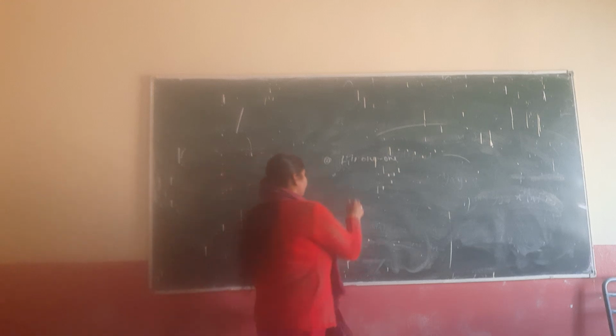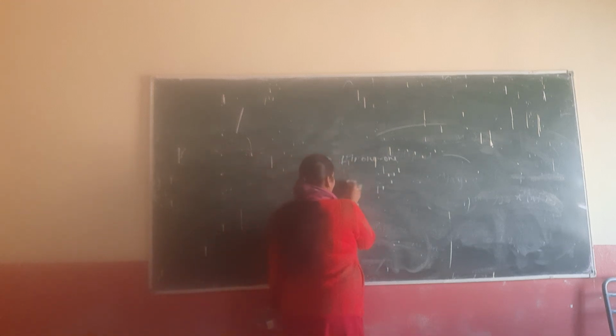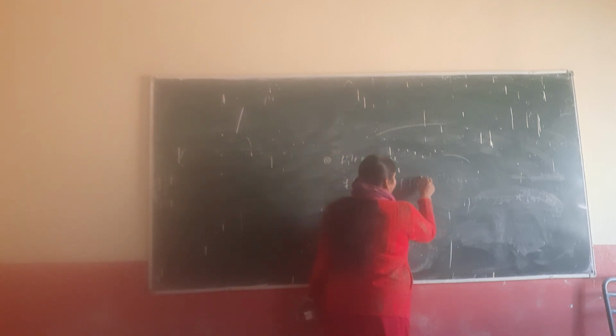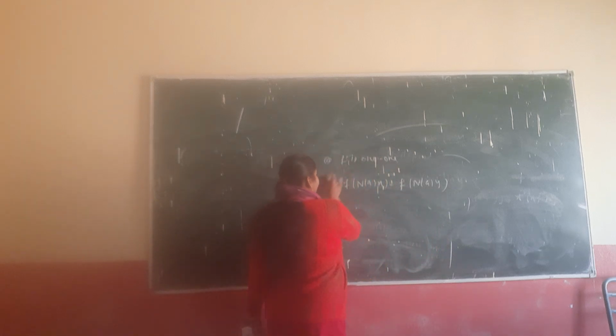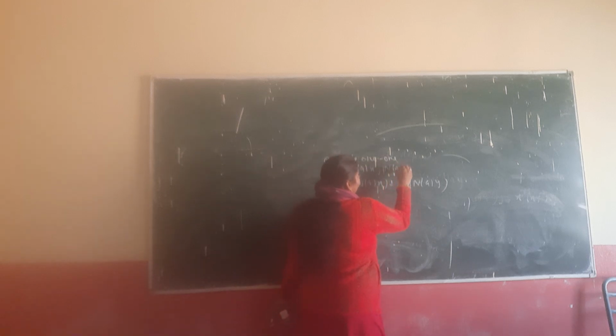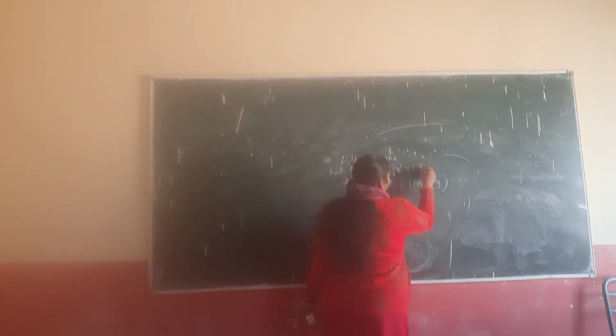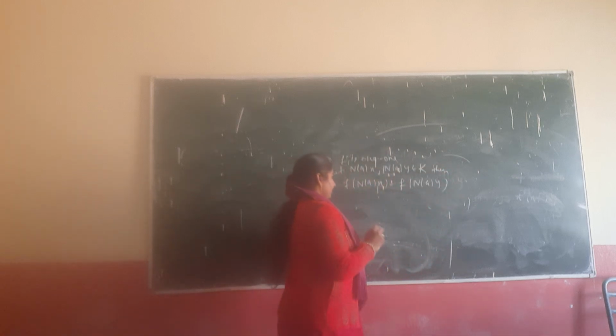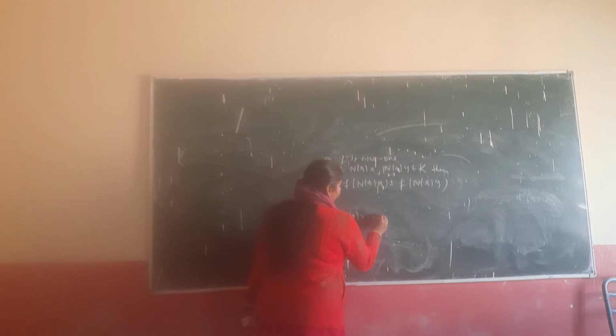For this we have to take F of N(A)x is equal to F of N(A)y. We take two elements of K, let N(A)x and N(A)y belongs to K. We have to prove that N(A)x is equal to N(A)y.